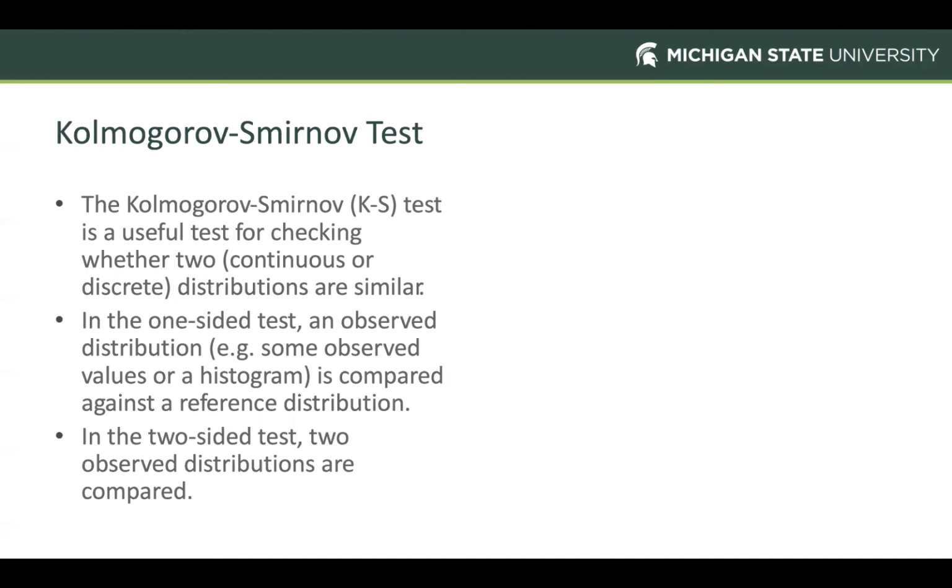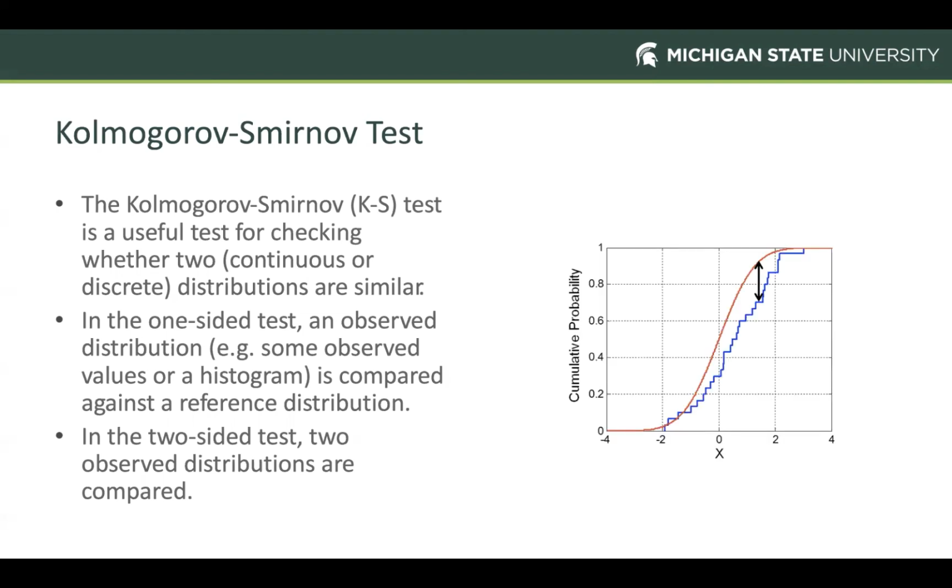In concept, what we're doing here is we know what the cumulative density function looks like for, say, a normal distribution. And we can construct an actual observed distribution based upon our sample of data. That's what's being approximated in the blue here.